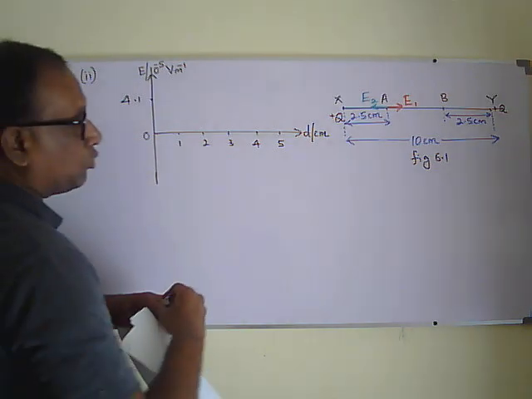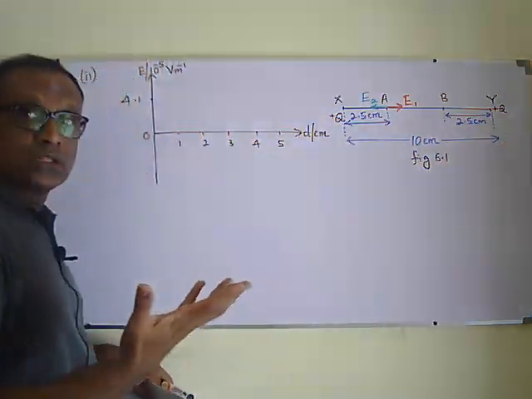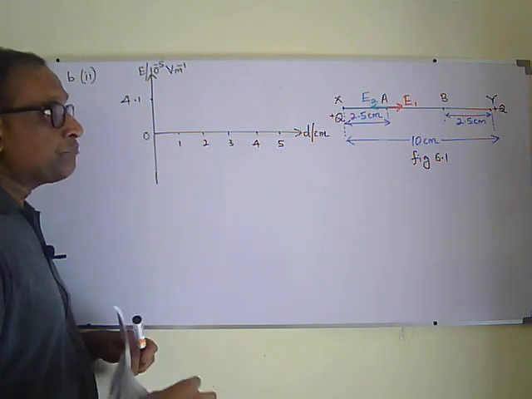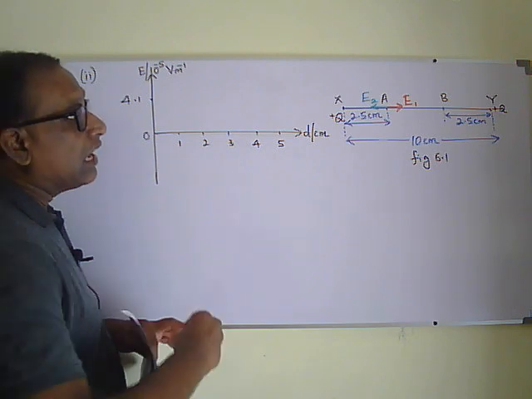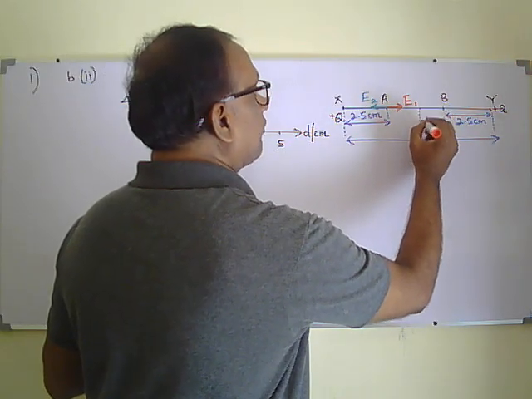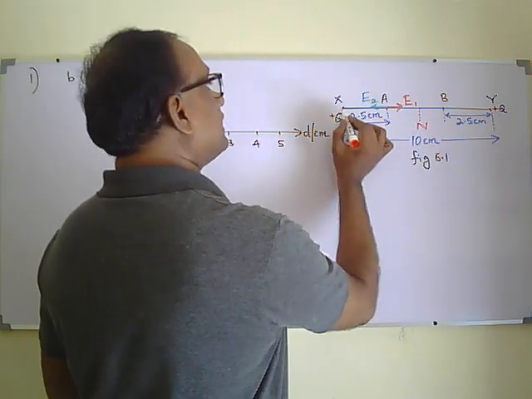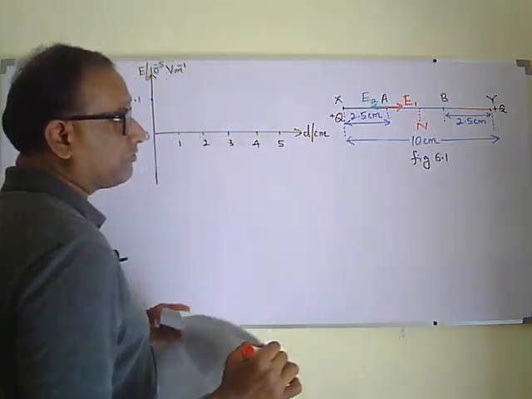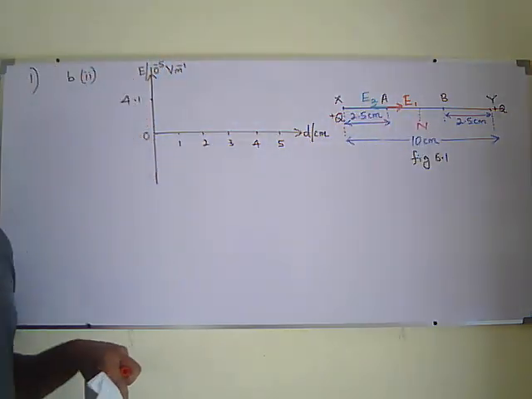Now you know that both are having the same magnitude of charge, both are positive charges. So exactly at the midpoint of X and Y, there will be a null point. N will be at a distance of 5 centimeter from X, so from A, it will be at 2.5 centimeter.